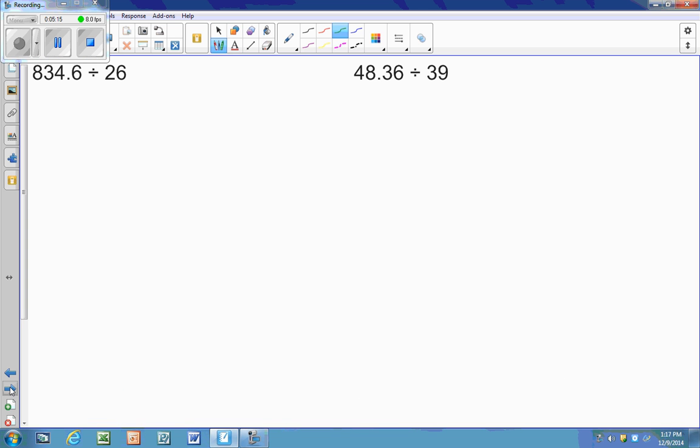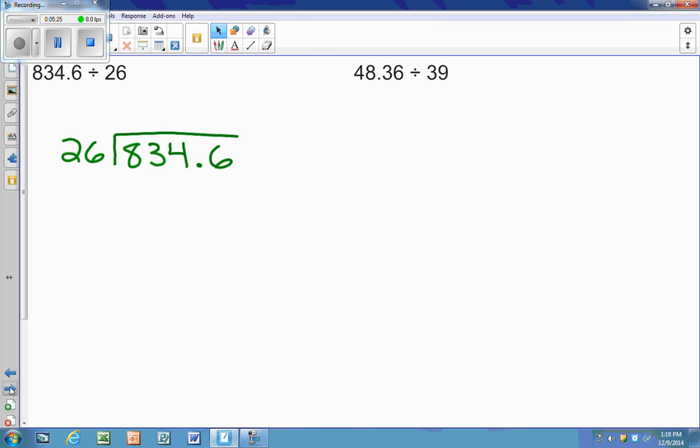Next, we're going to try one that already has a decimal in it to show us what to do. So the first thing I'm going to do is ask myself how many times can 26 go into 8, which is 0. And then I'm going to ask myself how many times can 26 go into 83, and we talked about doing some work on the side.